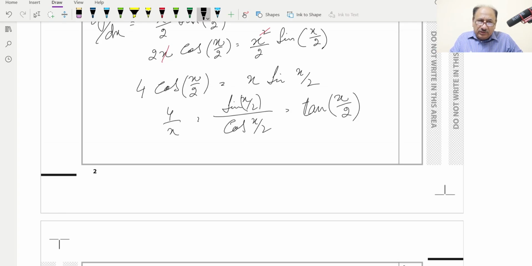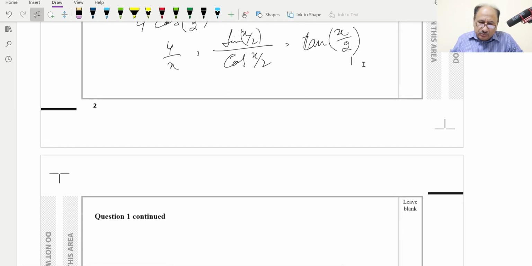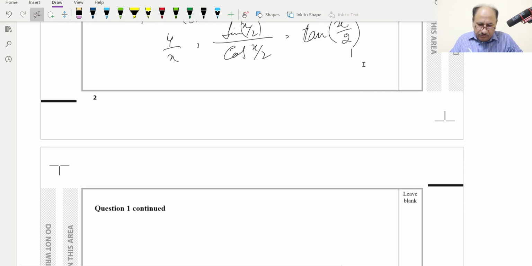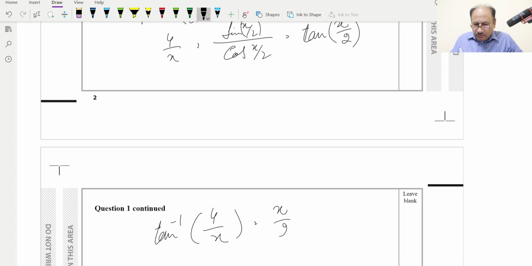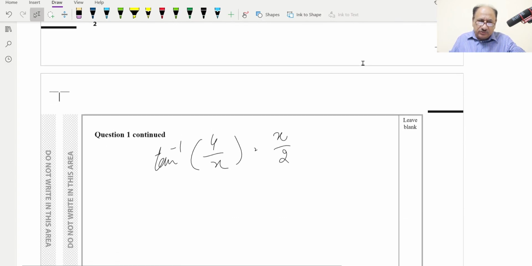Further we can shift this tan to the other side, so that will be tan inverse. So we can write tan inverse 4 over x is equal to x over 2, and the 2 we can also shift to the other side.